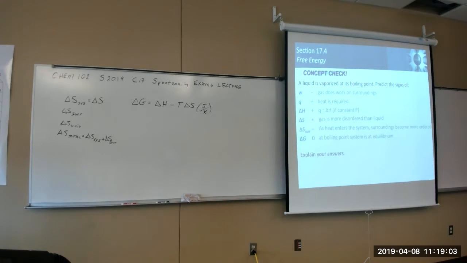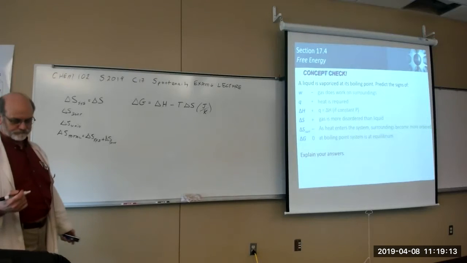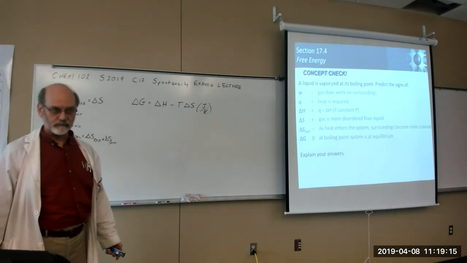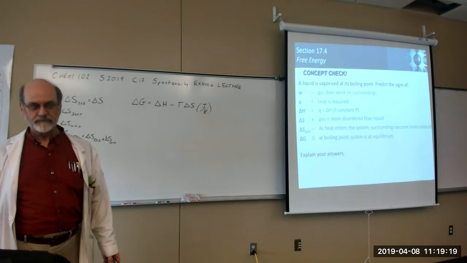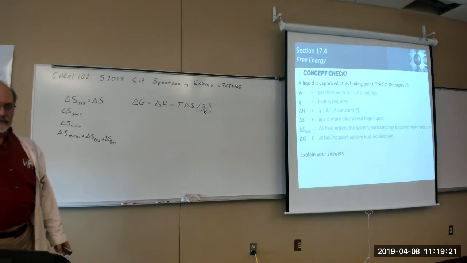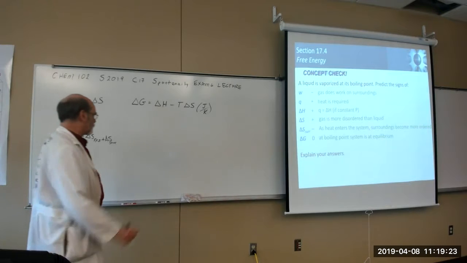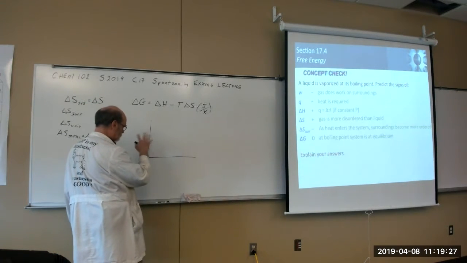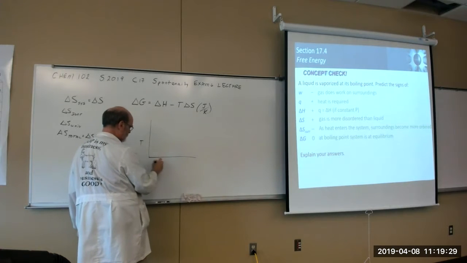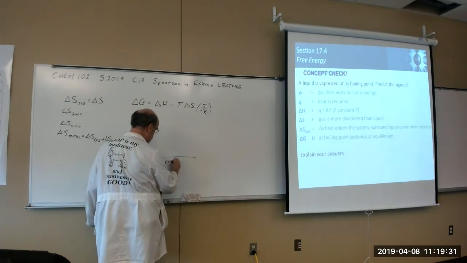Any boiling point system is at equilibrium. Same with melting, going from solid to liquid and liquid to vapor. So melting point and boiling point, is melting point also 0 for delta G? Right. That's one of the reasons for understanding temperature and progress.